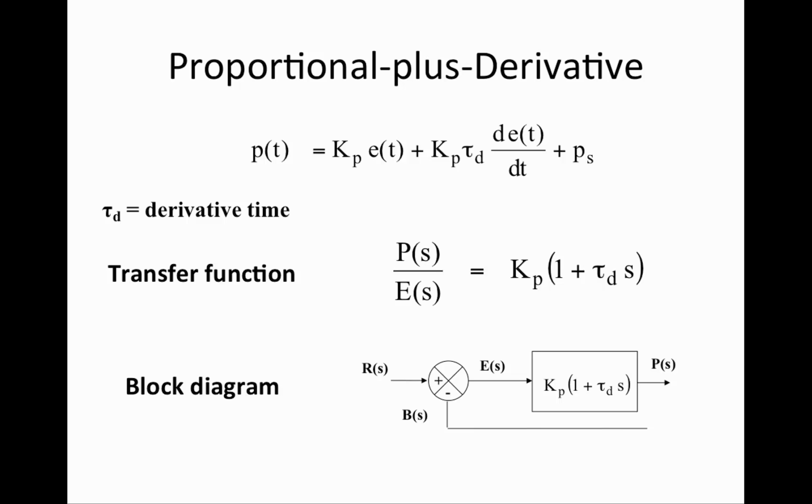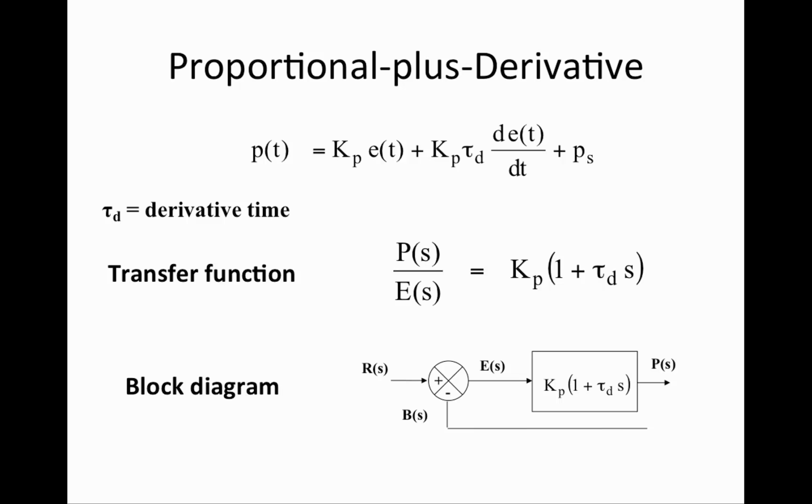So again, K_P is the proportional gain and tau_D is the derivative time. E(t) is the time-dependent error, and P_S is the steady-state process adjustment.